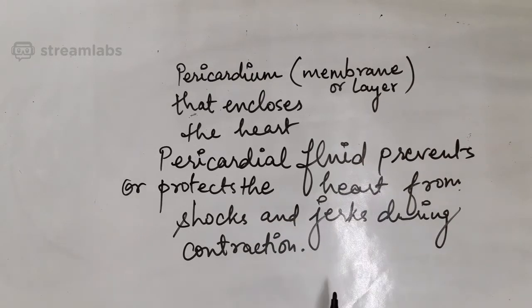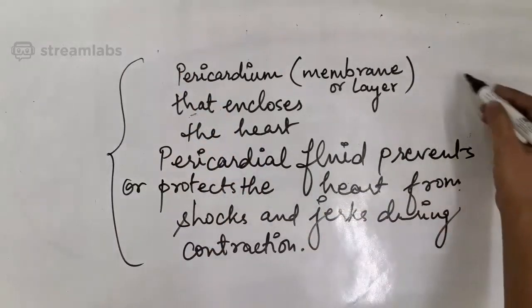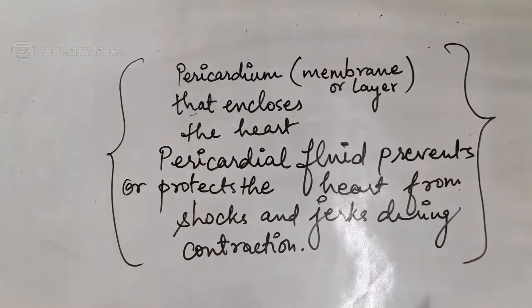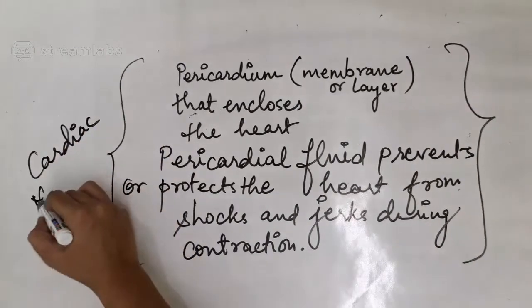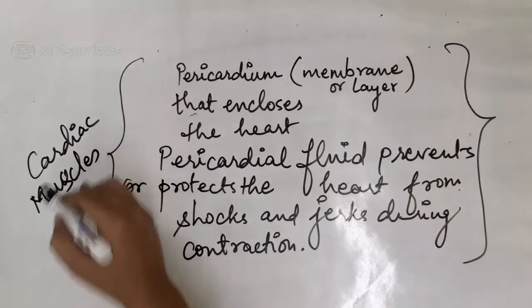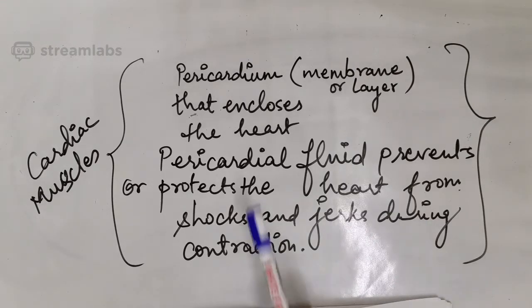The heart is made up of cardiac muscles, and you also know about the valves. And the fluid, and also the membrane, the double layered sac-like structure known as pericardium.